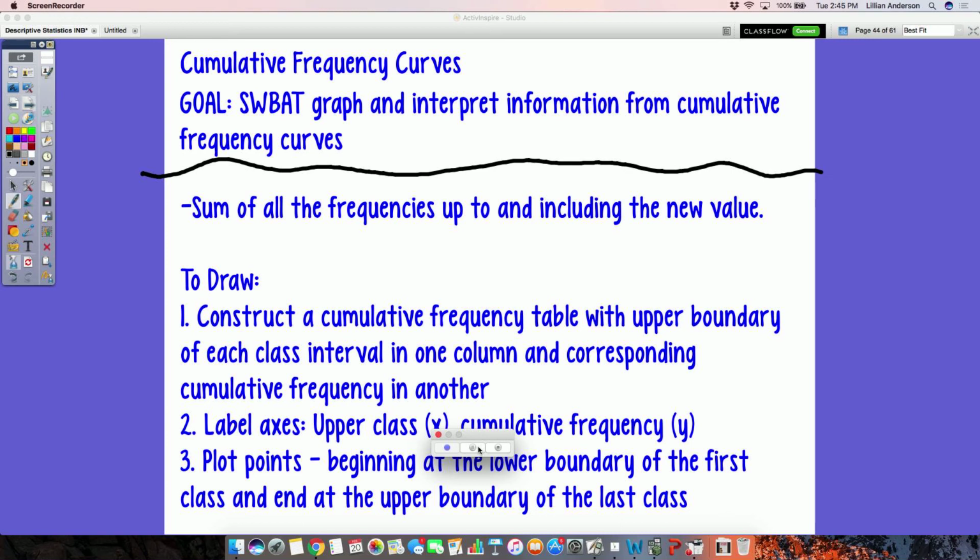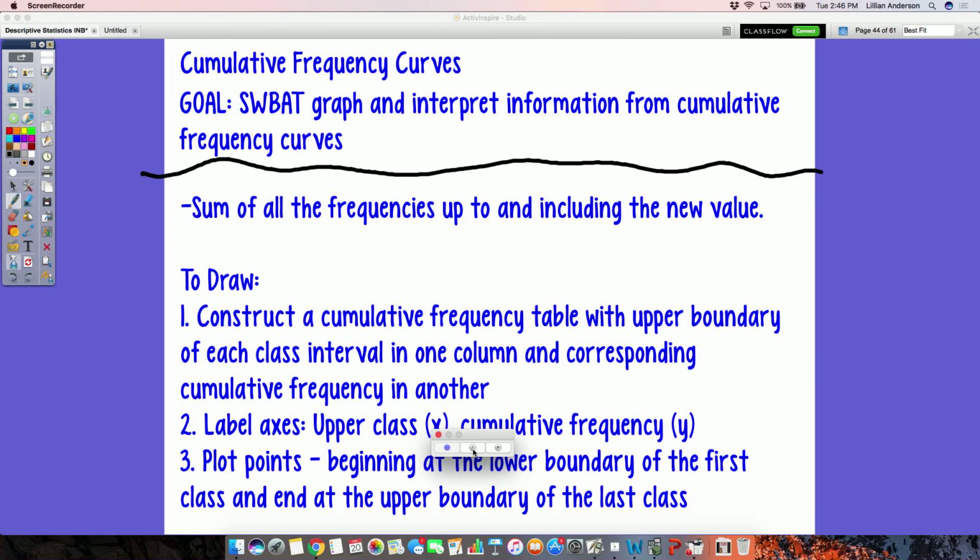Okay? A cumulative frequency curve is a way to represent your data. Just like a histogram was, a cumulative frequency curve is another way to represent your data. There will be times where you will be asked to draw a cumulative frequency curve, and the steps are as follows.